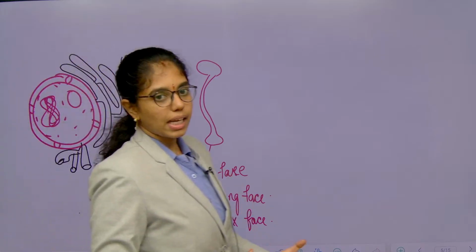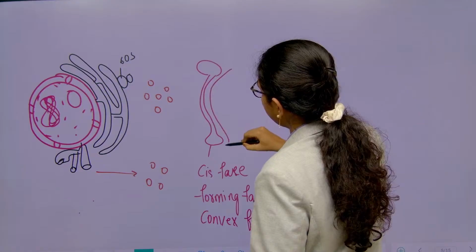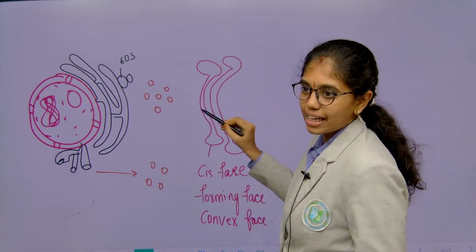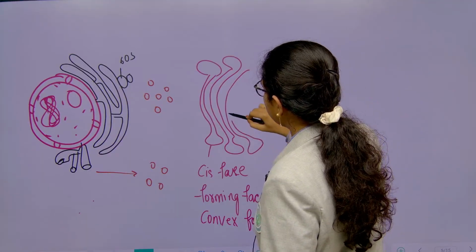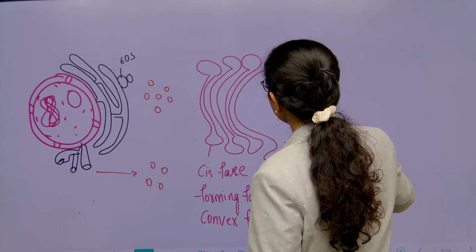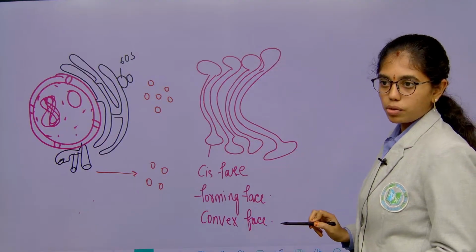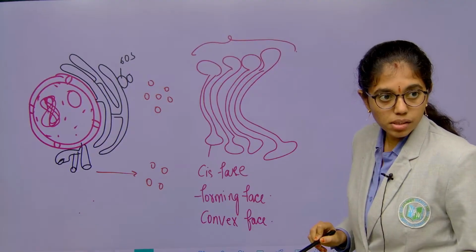In an animal cell, you can see interconnected cisternae. These disc shaped structures are known as what? Cisternae. They will be interconnected in an animal cell like this. And inside the Golgi bodies, what actually happens?